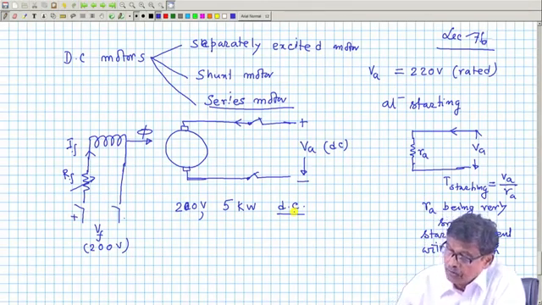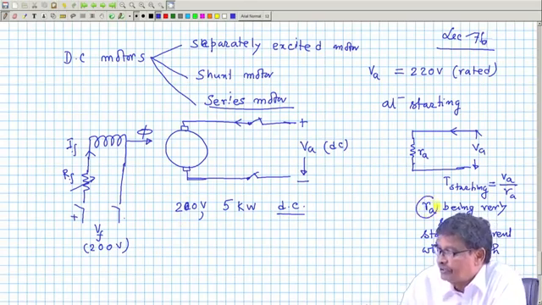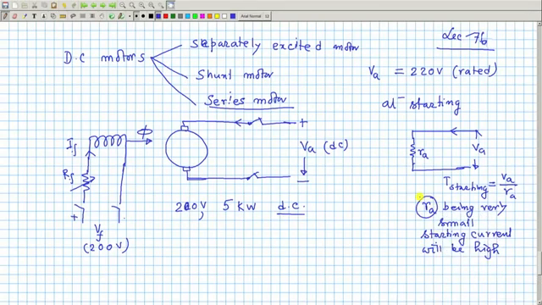Now, let us assume, to understand how to estimate the value of Ra, that we have purchased a machine and it is delivered. I may be wrong a little bit here and there, but as a practicing engineer it is very useful.